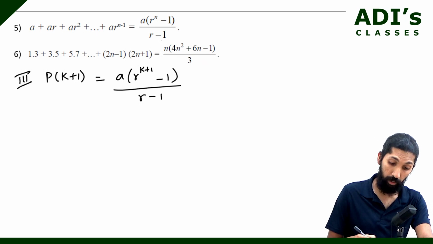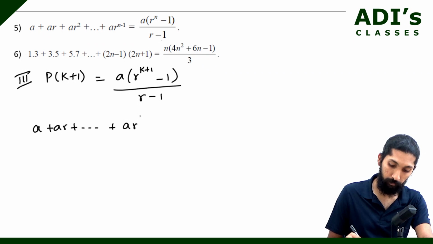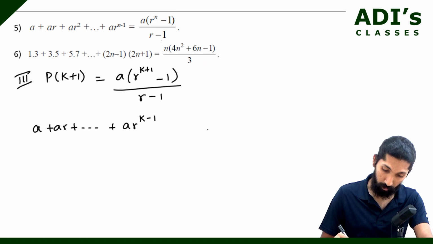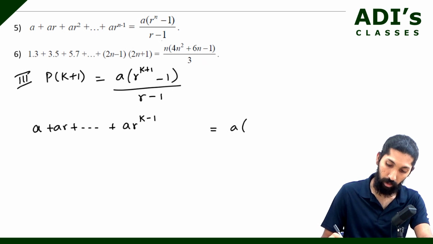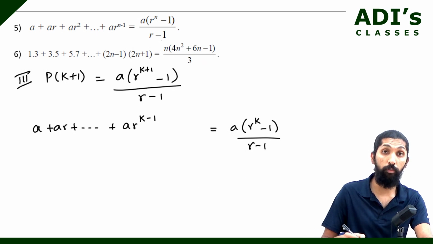So when we have to prove it, we have a plus ar square till ar to the power of k minus 1, correct? This is equal to a into r power k minus 1 by r minus 1. So what do we add now?